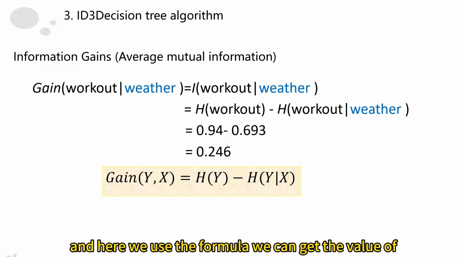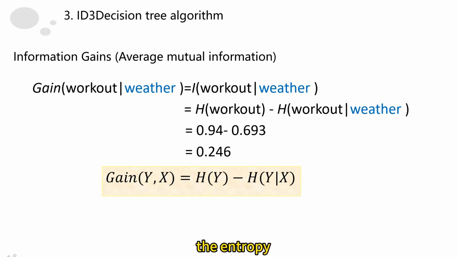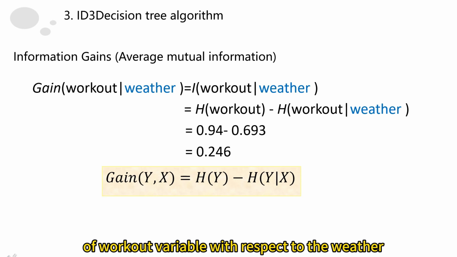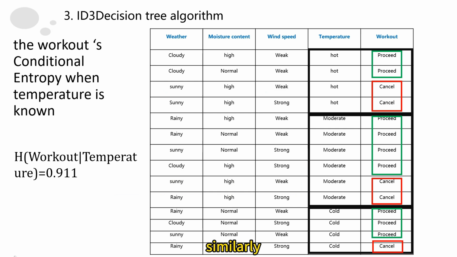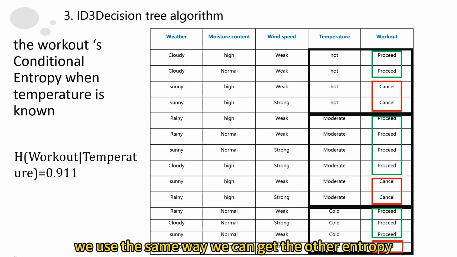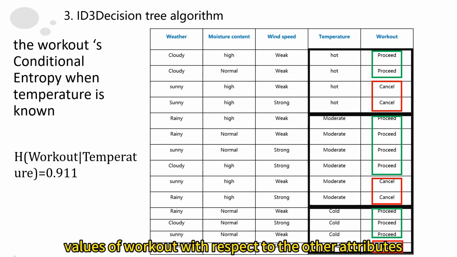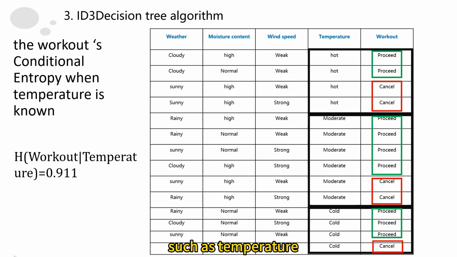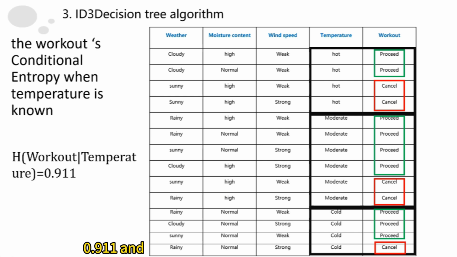Using the formula, we can get the entropy of the workout variable with respect to the weather. Similarly, in the same way we can get the entropy values of workout with respect to the other attributes, such as temperature, which is calculated as 0.911.